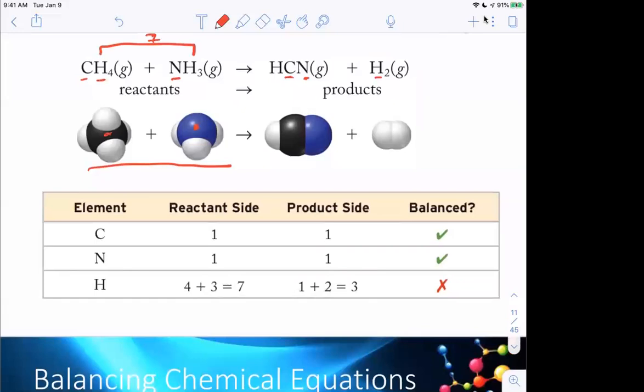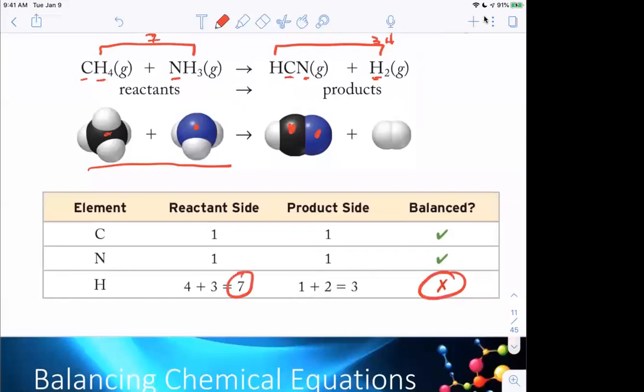On the product side, I have one carbon, I have one nitrogen, but I have 2 plus 1, I only have 3 hydrogens. So this is not balanced.